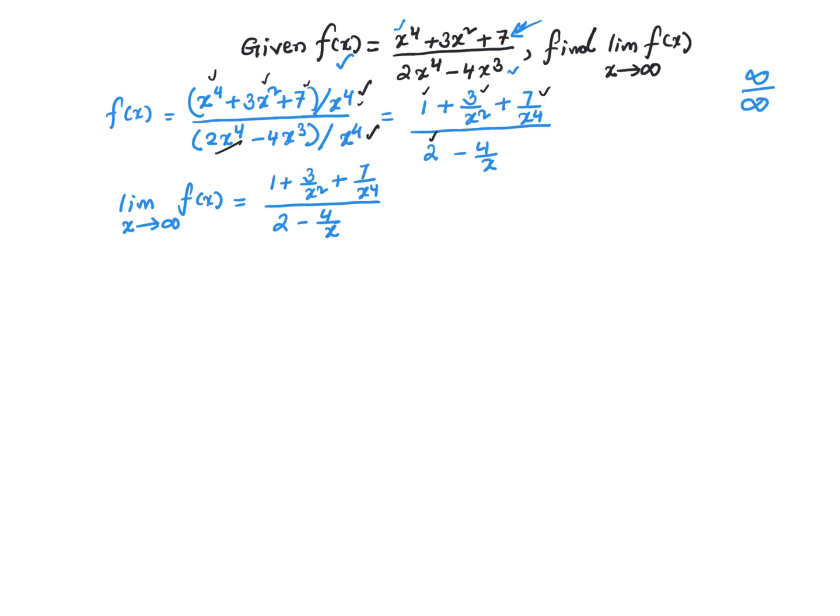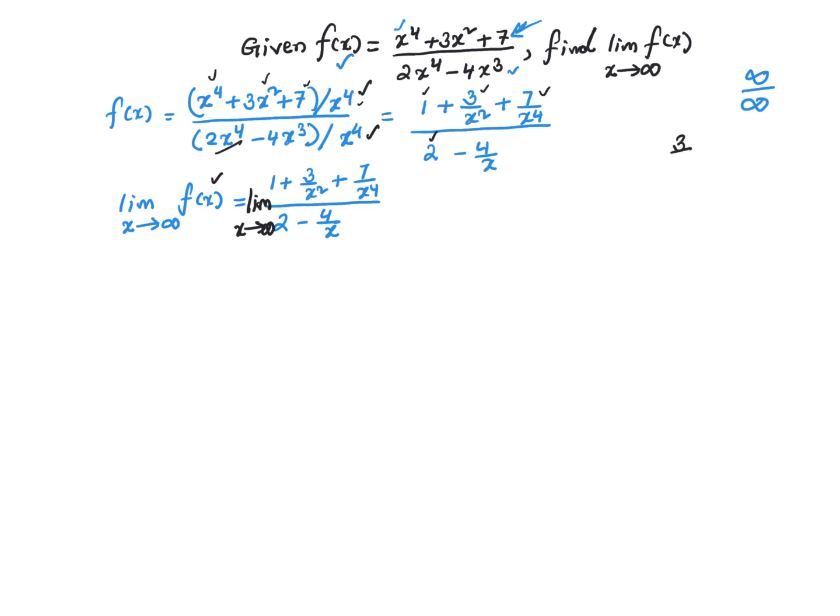So the limit of the given function, the limit as x approaches infinity of f of x, in essence becomes the limit as x approaches infinity of this. Now look at any of these terms that have x in the denominator.